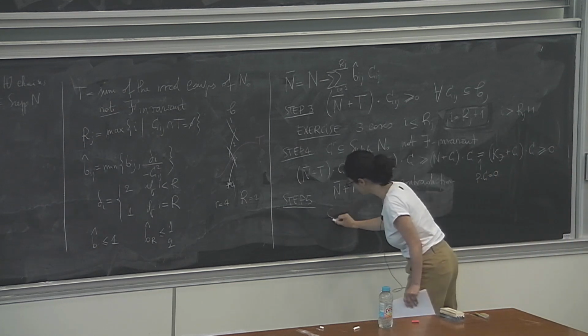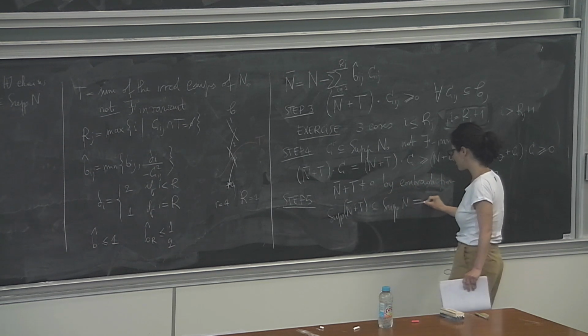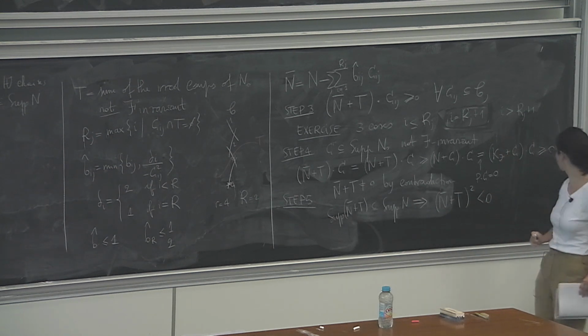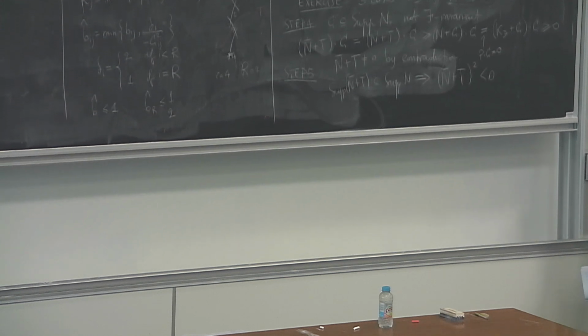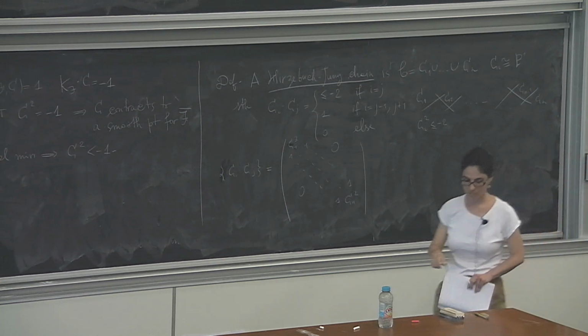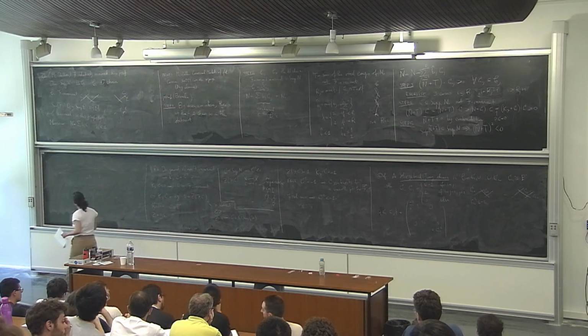And then again, its support is inside the support of N. And this implies that the self-intersection is strictly negative.